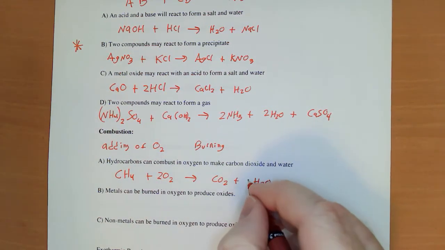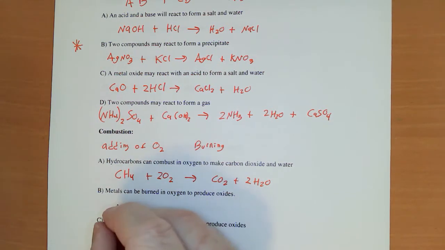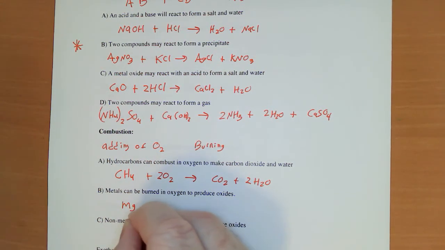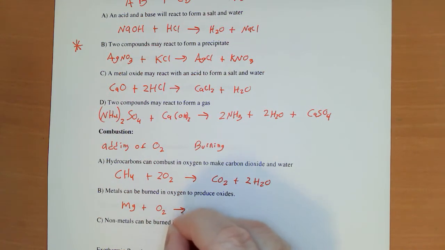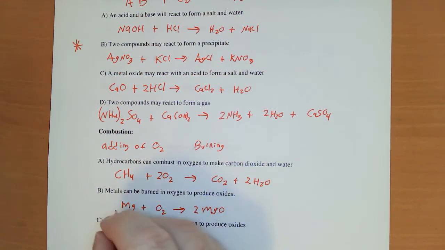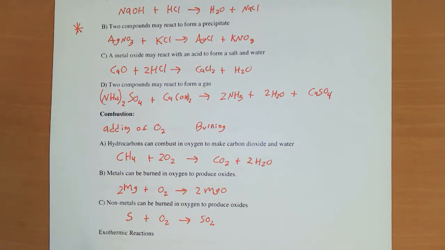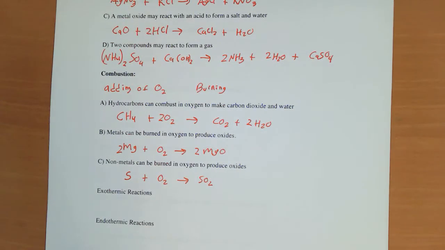We can put a 2 there, we can put a 2 there. Metals can burn. This happens in fireworks, like magnesium. Magnesium is also in road flares. We get MgO, 2 and 2. Non-metals, like sulfur, can react with oxygen and form SO2. Those are all burning. Those are all combustion-style reactions.